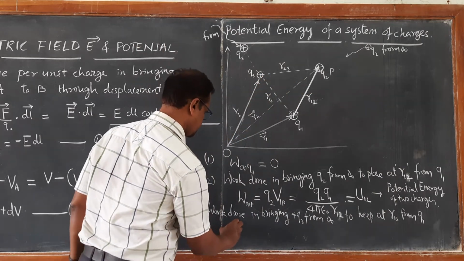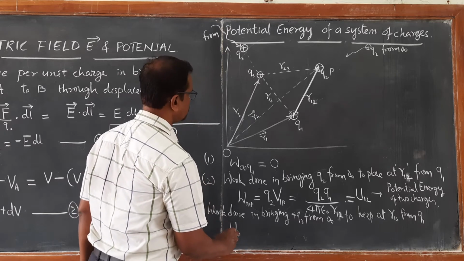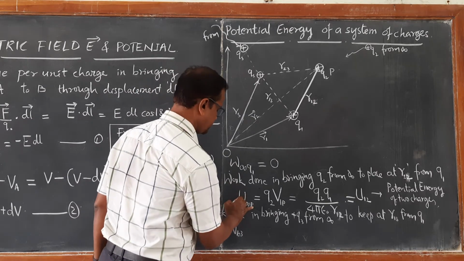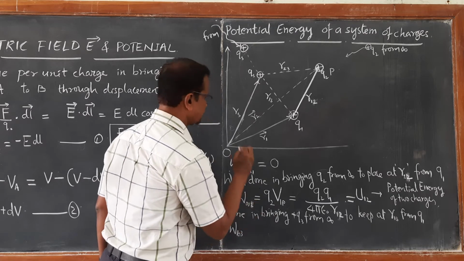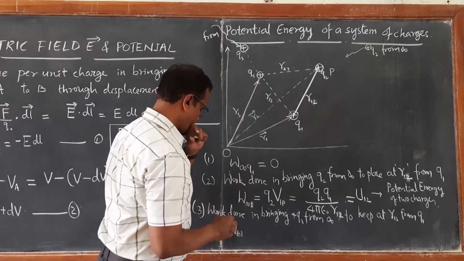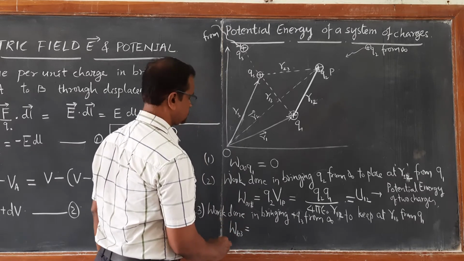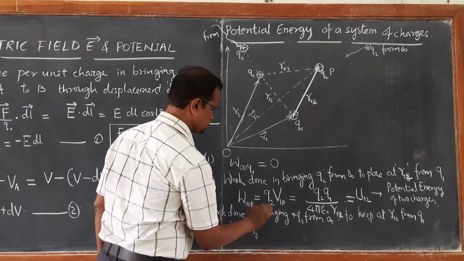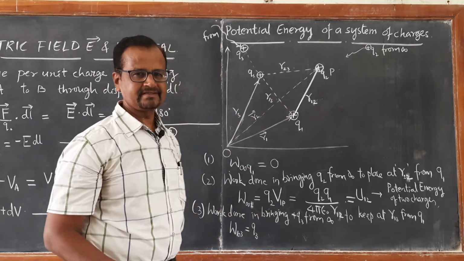I will write W infinity to 3, first position, second position, third position, that is how it is easy to follow. W infinity to 3 is equal to charge Q3 times the potential developed by these two charges.